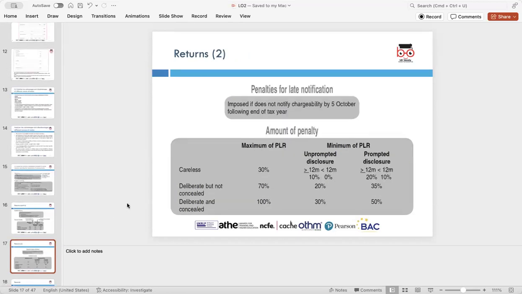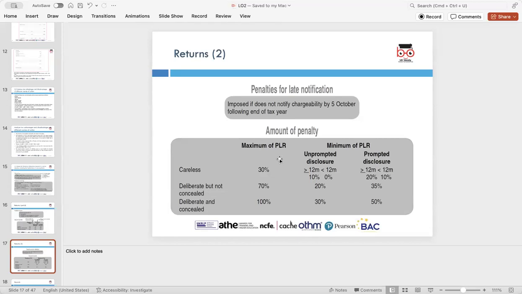Again, penalties for late notifications. So the maximum is 30%, then 10%, 20%, 30%. So basically, for a careless error in notification, the penalty can be up to 30% of the potential lost revenue, or PLR, which is the tax that should have been paid but was not.